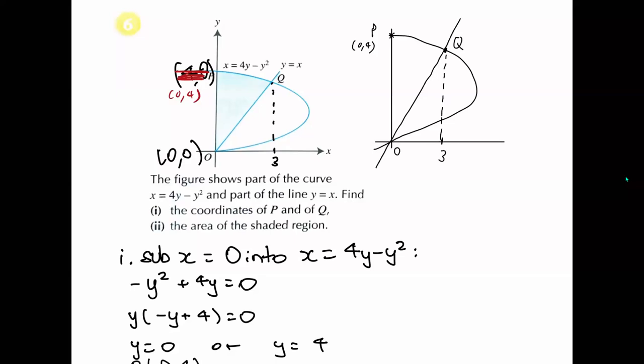So since this is y equal to x, that means sub in x equal to 3, you get y equal to 3. So over here is a 3. Over there is a 4. Okay, good. Label the equations. Okay, label the shaded region. They want this region.